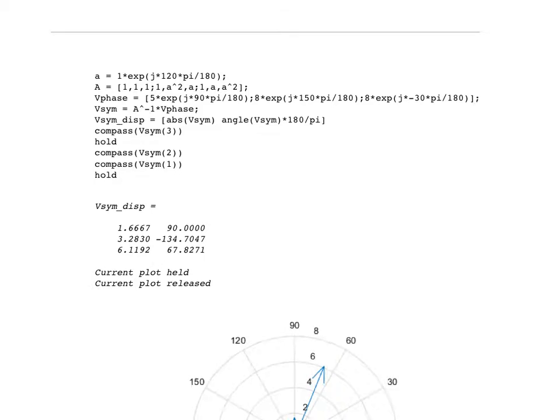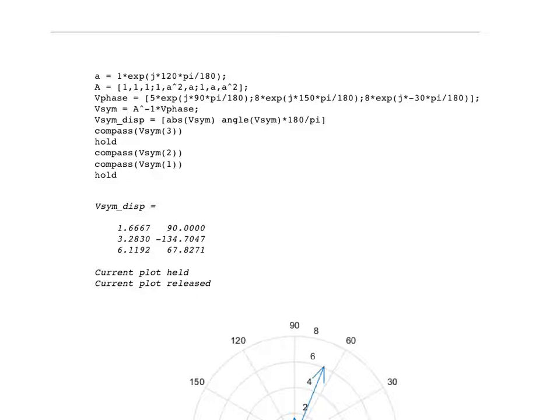And I tried to be consistent with how you might want to enter it in your matrix. I specified A using Euler's identity, right? 1 at an angle of 120, that's how you enter this into the calculator. My capital A matrix has 1s in the first row, then 1, A squared and A in the second row, and 1, A and A squared in the third row, right?